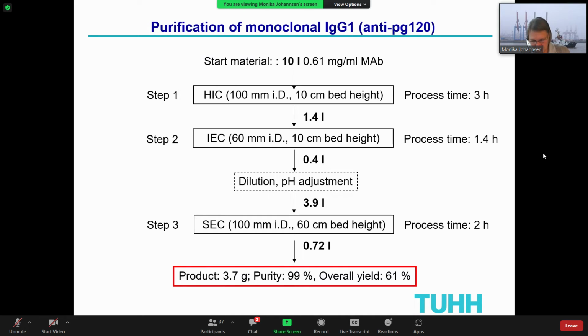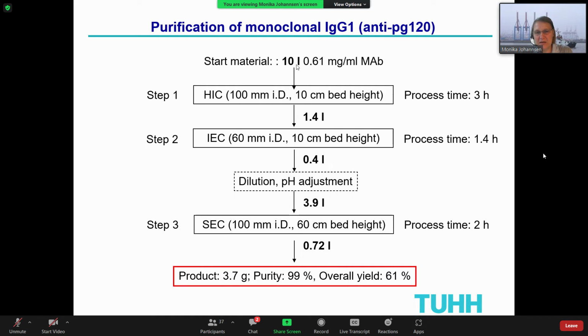Okay, so one last example to show that we need more than one purification step to get a certain purity. This is a purification of a monoclonal antibody.